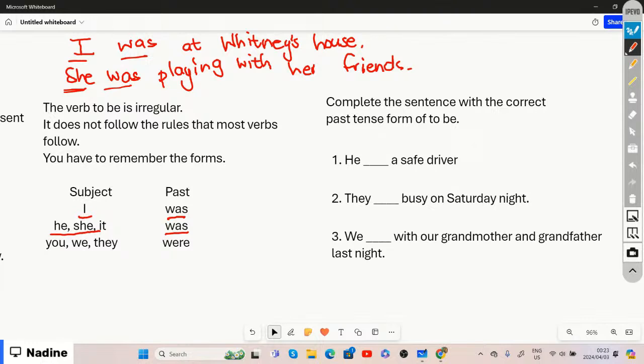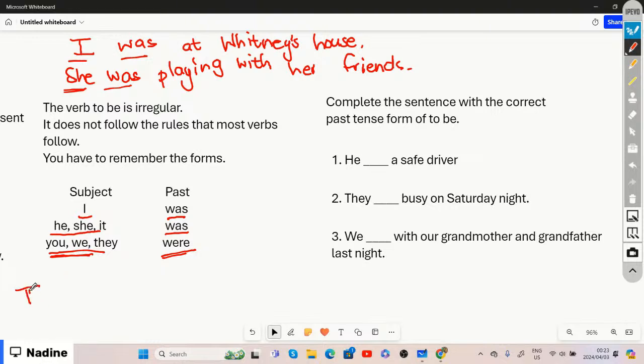And if we're referring to either you, we, or they, which is more than one person, then we say were. So they were running. We were playing catch. You were playing with your Xbox.